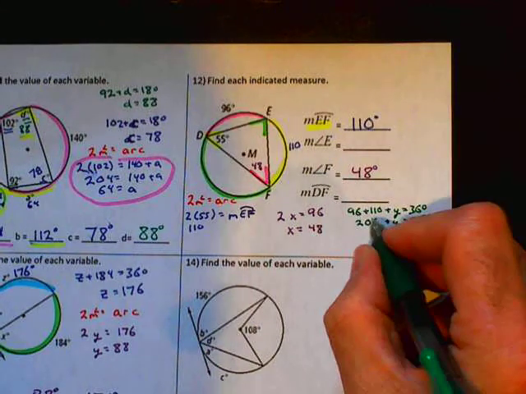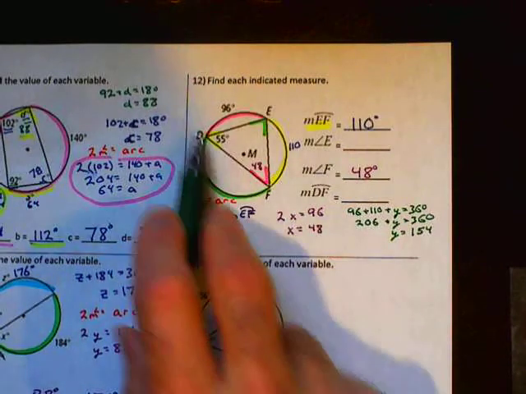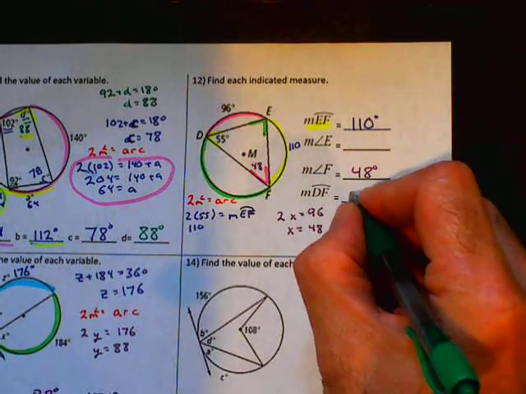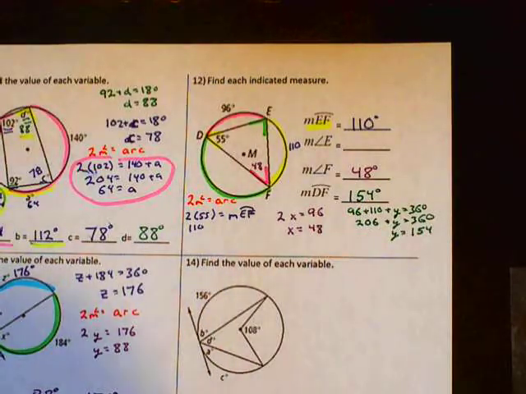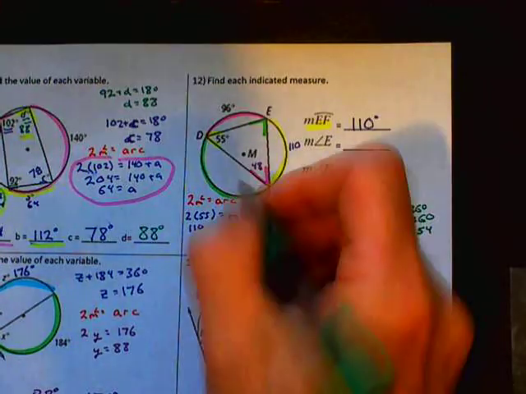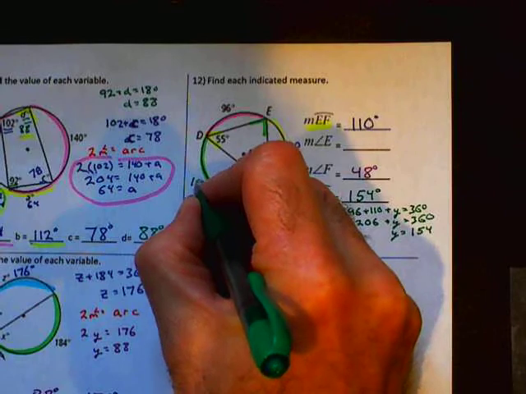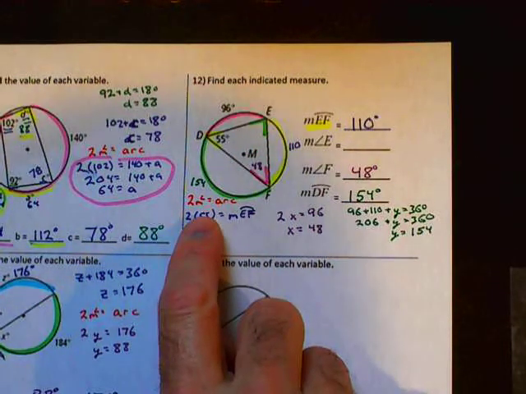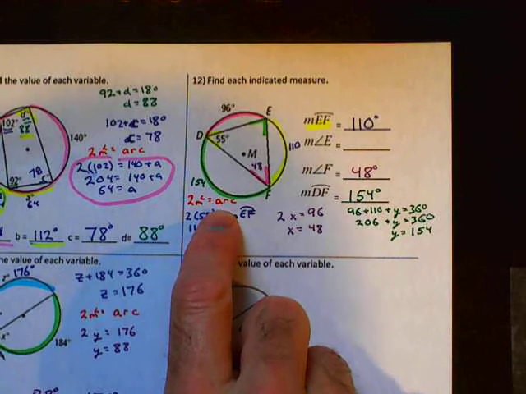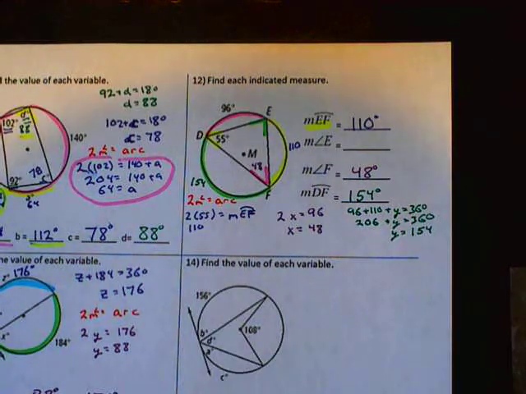And that was trying to find DF. So that's 154. So if this is 154, now I can go back to my double angle equals arc being 154.